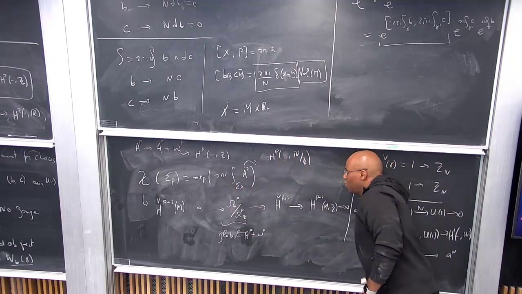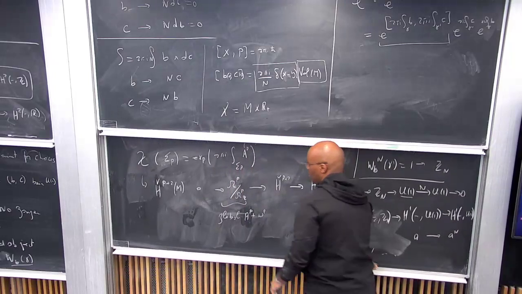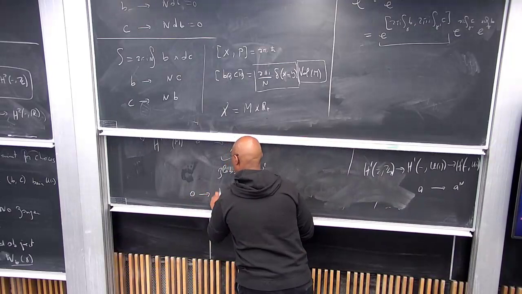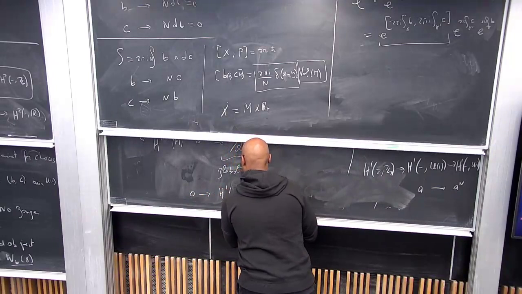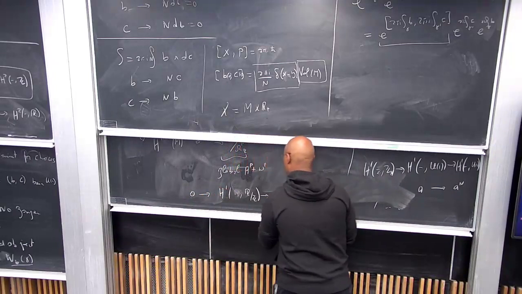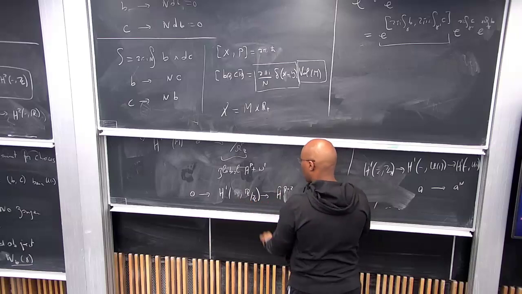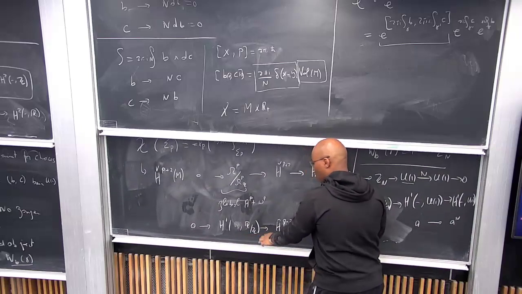There is another sequence, which goes 0 to H^1 of the spacetime, R mod Z, into H-check^(P+2). All such elements here that are in cohomology are going to be closed.